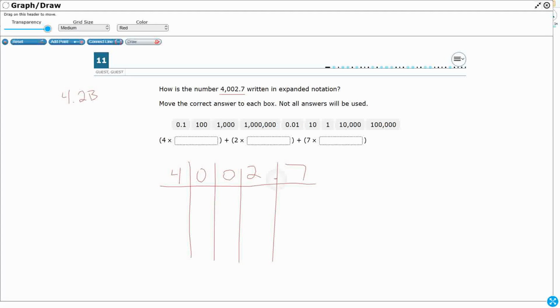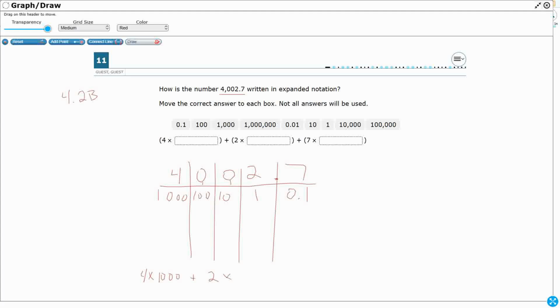What I want to do is I want to write the value. It's the tenths place, it's the ones place, the tens place, the hundreds place, thousands place. If I write a place value chart, instead of using words to show the value, I just use the value of each place value, then expanded notation becomes very easy because it's going to be 4 times what's that place, thousands place, plus I don't have a hundreds place, I don't have a tens place.